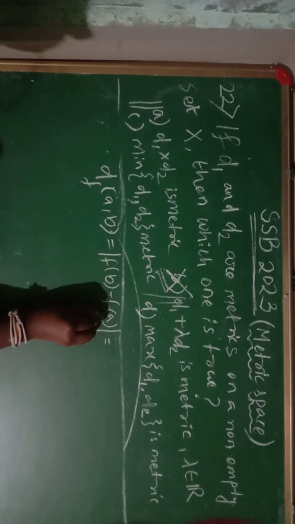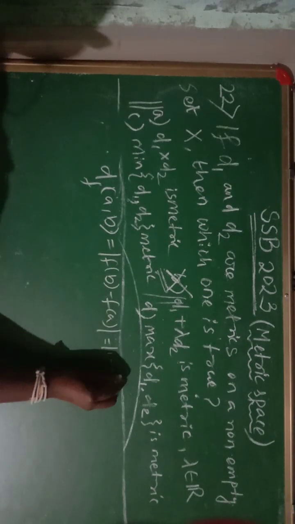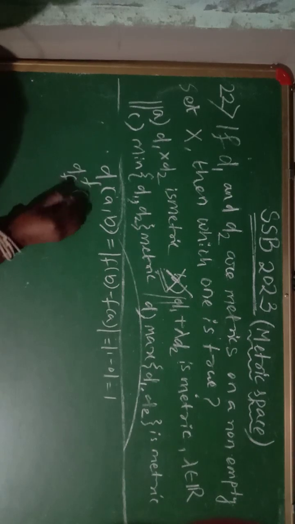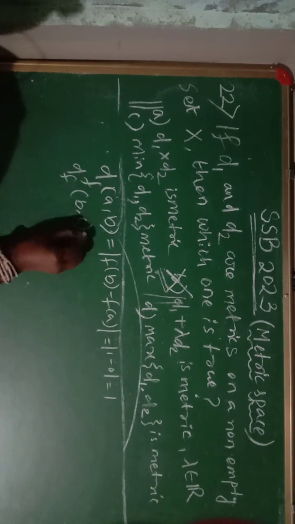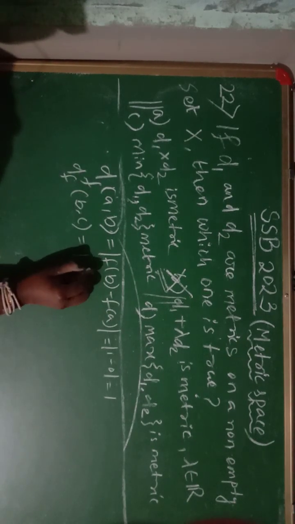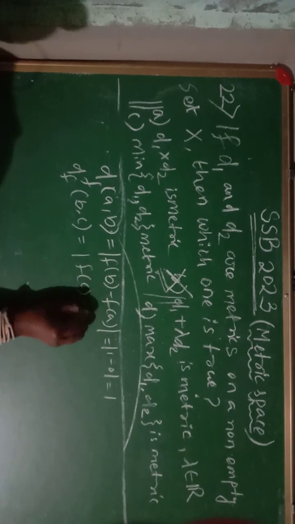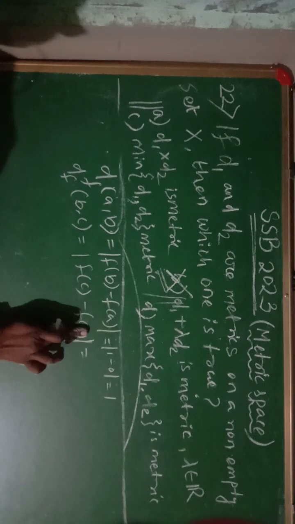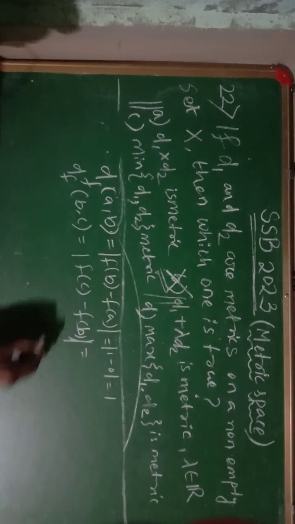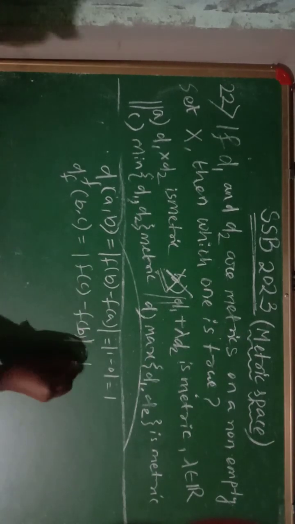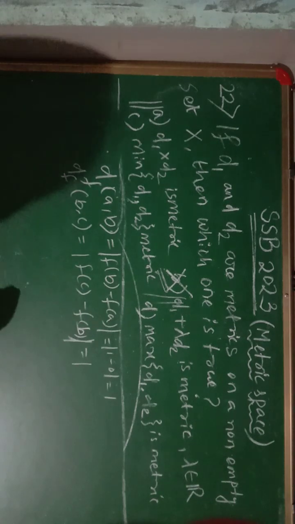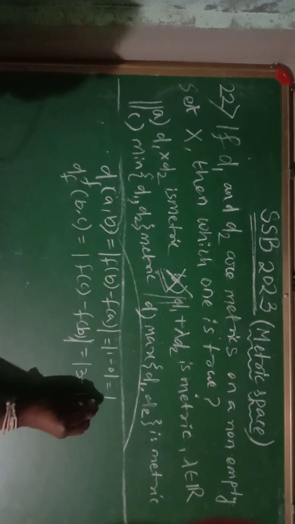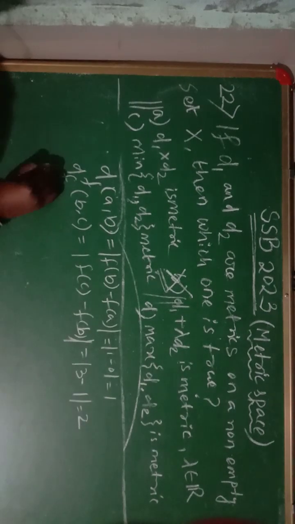So 1 minus 0 equals 1. Similarly, DF of B comma C is equal to modulus of F of C minus F of B. What is the value of F of C? F of C equals 3. So 3 minus 1 equals 2.